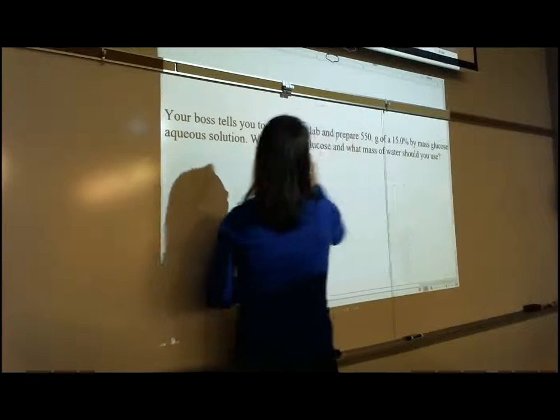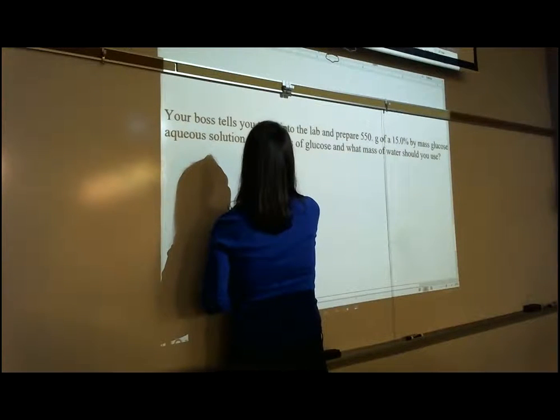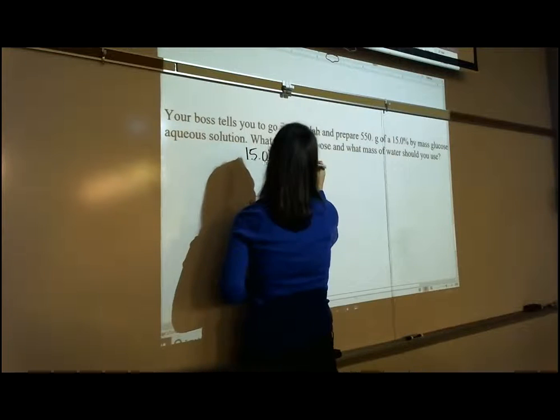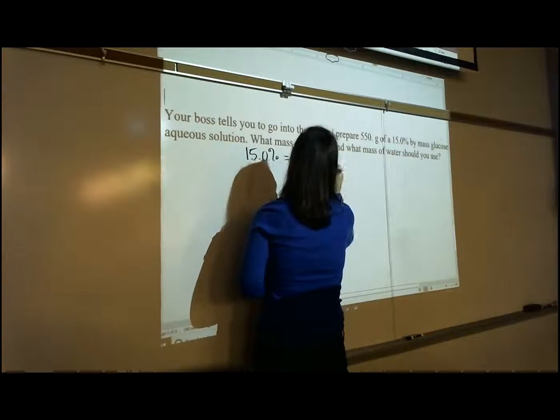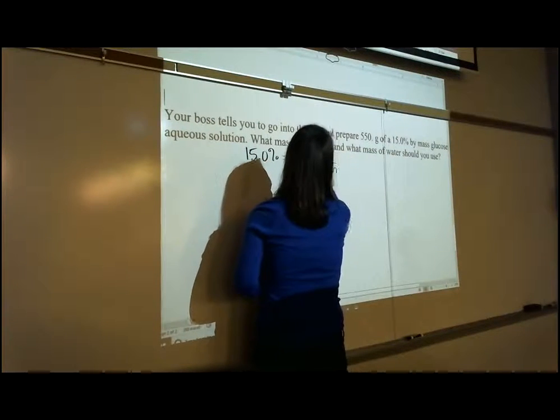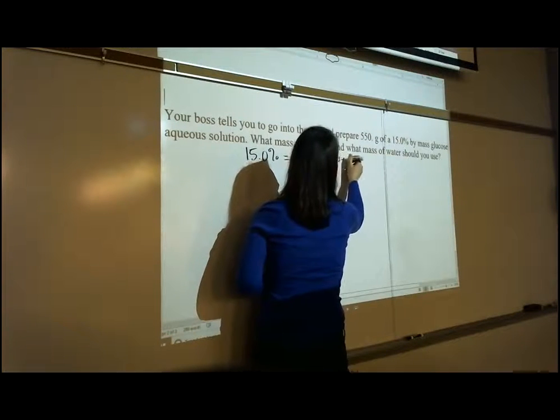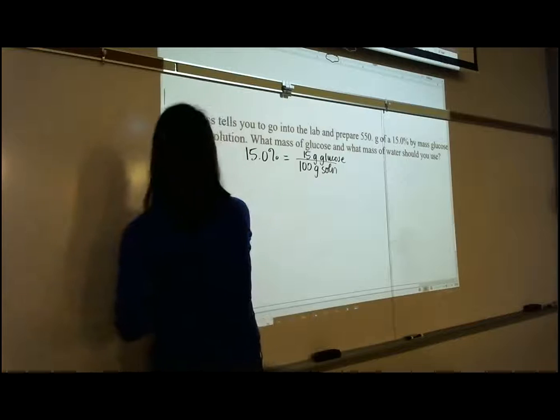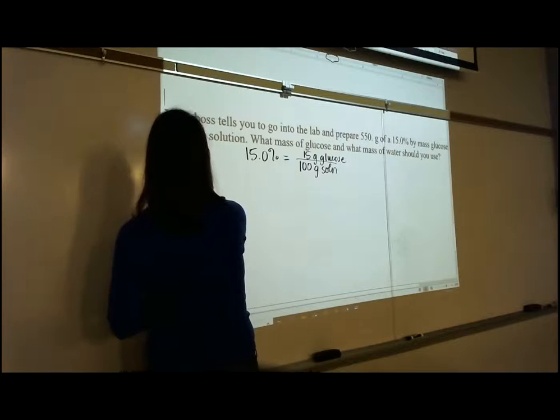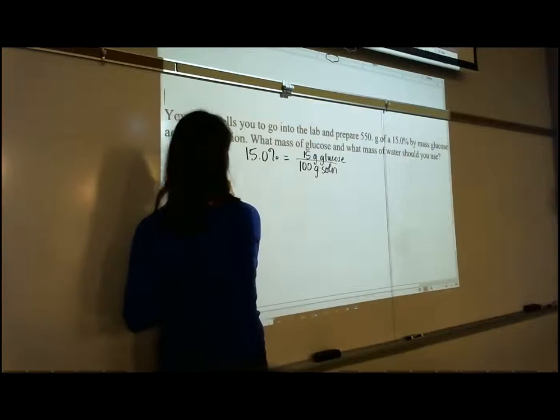So again, we're going to use the fact that it's 15%. 15% means that for every 100 grams of solution, you've got 15 grams glucose. Right? So again, if you did this a different way and you still got the same answer, as long as I could see your work, I was happy.